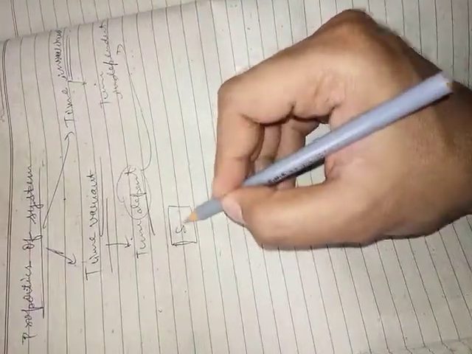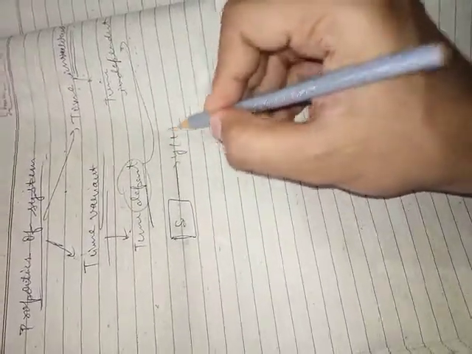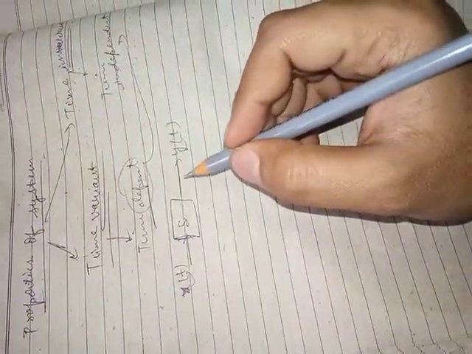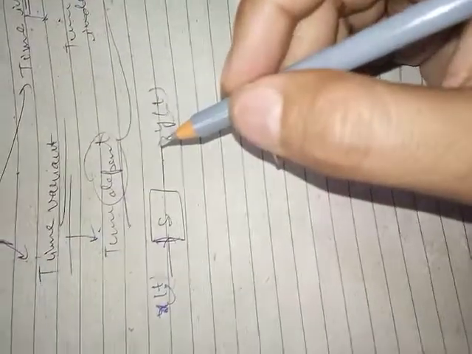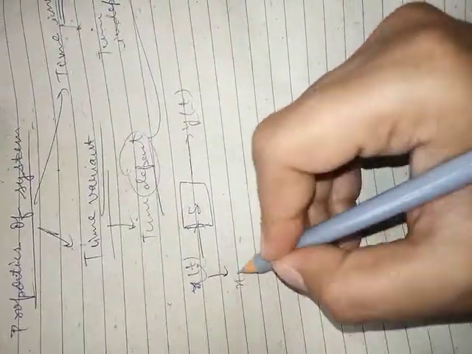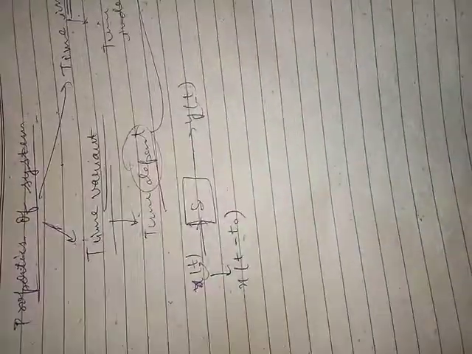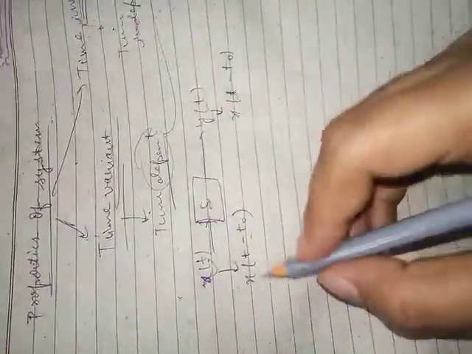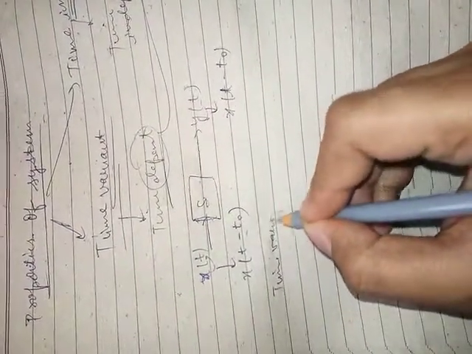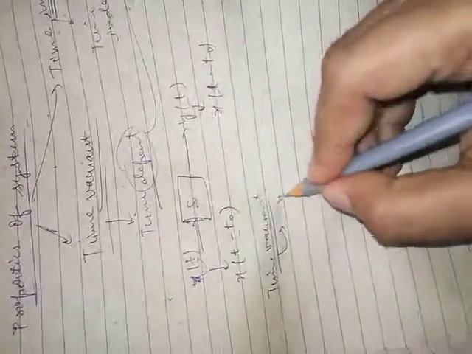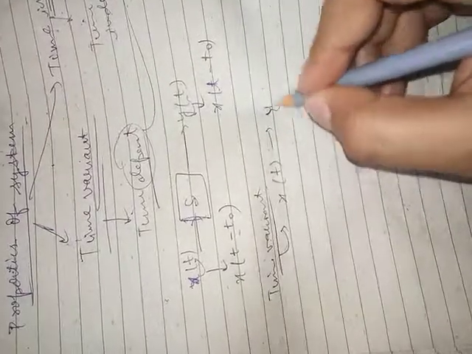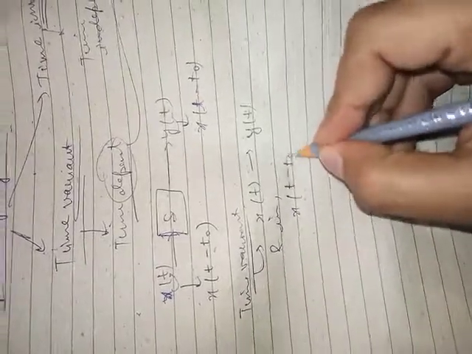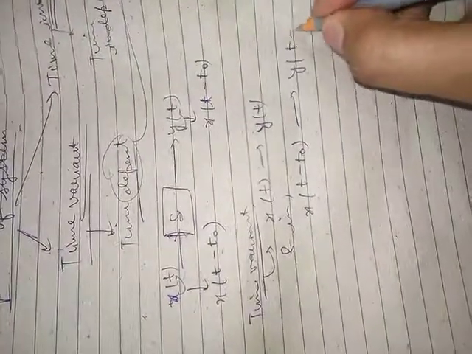Now if I take a system S with output y and input x dependent on time, and apply a time shift of t minus t naught in the time variant case, x of t gives output y of t, and x of t minus t naught should give a different output.